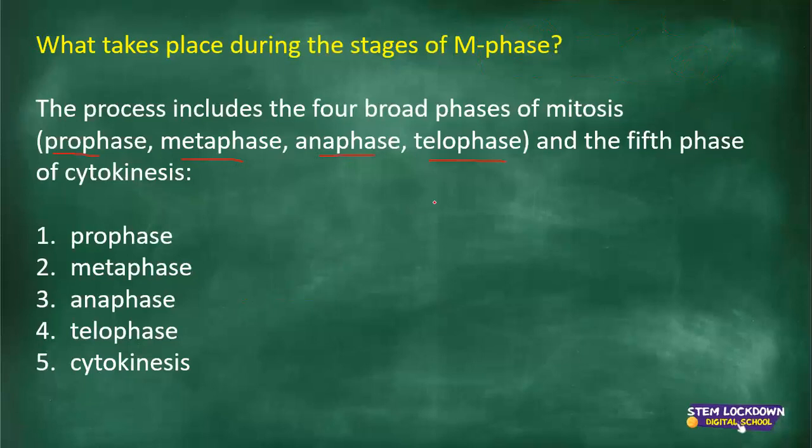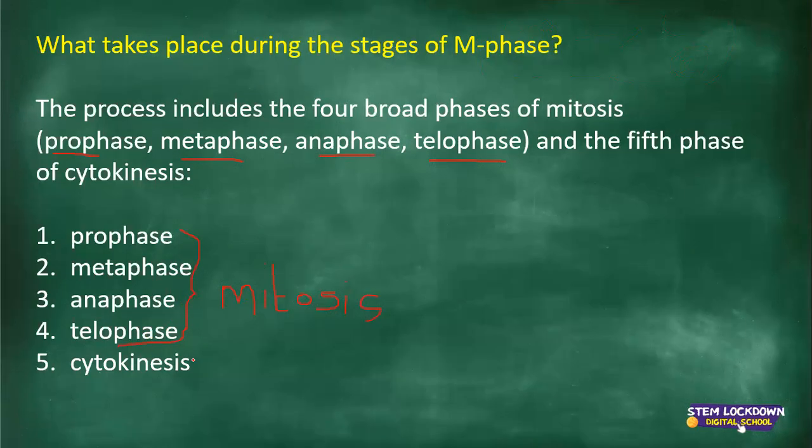Then the 5th phase is cytokinesis. The first 4 are the stages of mitosis. Then the last one is cytokinesis.